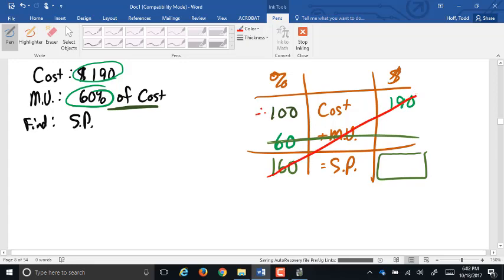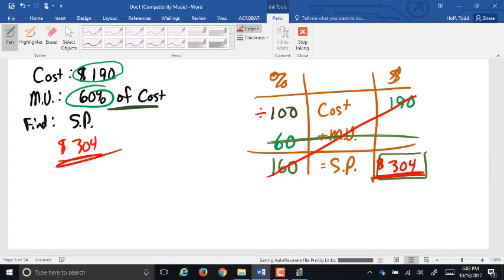Perfect. 190 times 160 divided by 100. $304. Any questions? Yeah, well, we'll get to some problems where that isn't going to work. You're just multiplying by 1.6? Yeah.